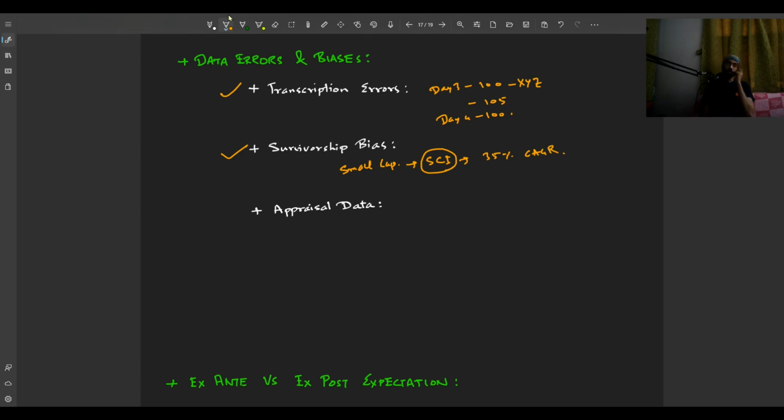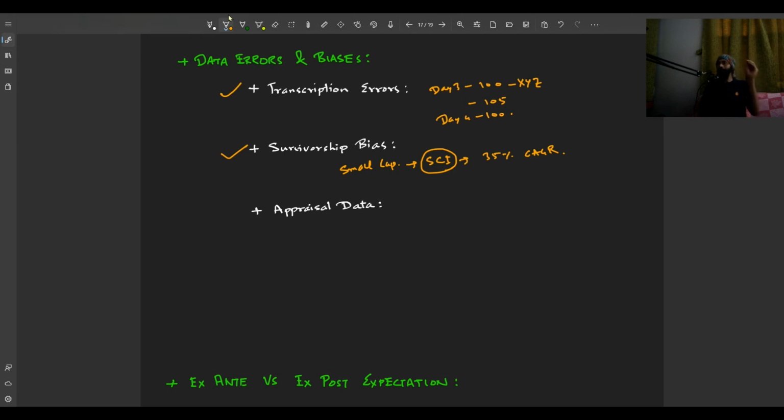But it does not show that there have been deletions and additions in the index itself. Many of the stocks which were there in the index 10 years back, 20 years back are not even in the business anymore. So this has survivorship bias. It does not include the information that many of the stocks which were there in the index are no more there in the index. But you are going to invest in individual stocks, so you have to include that factor.